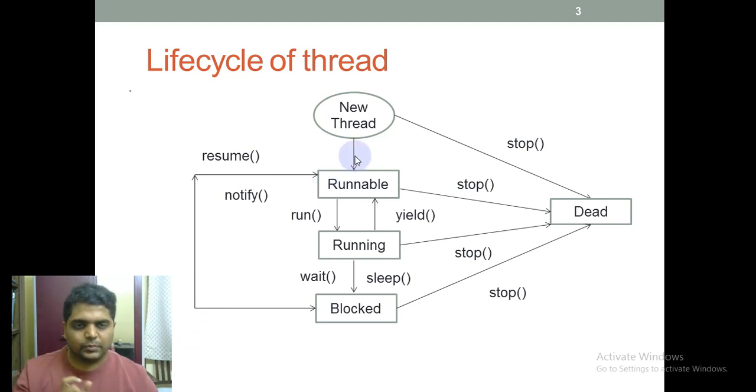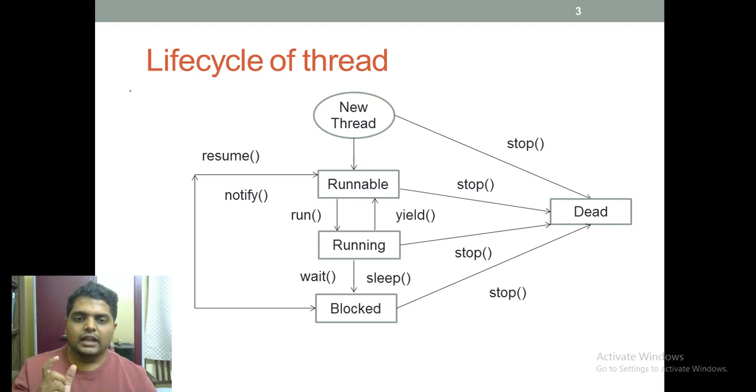Runnable is just before running, and from runnable it can go to the running state with the help of the run method. Note, the running state is important because in the running state the thread is actually active and it can perform the operation as designated and as given.